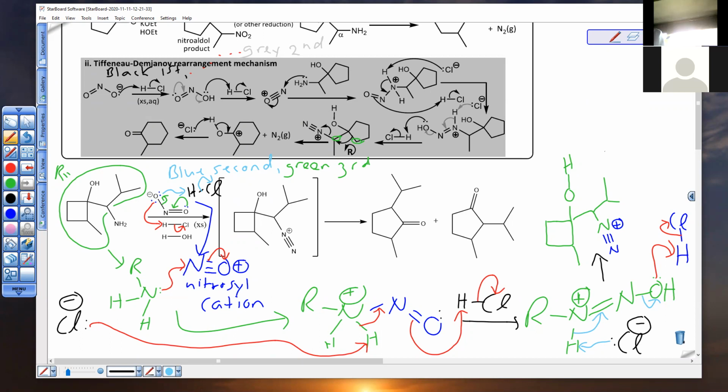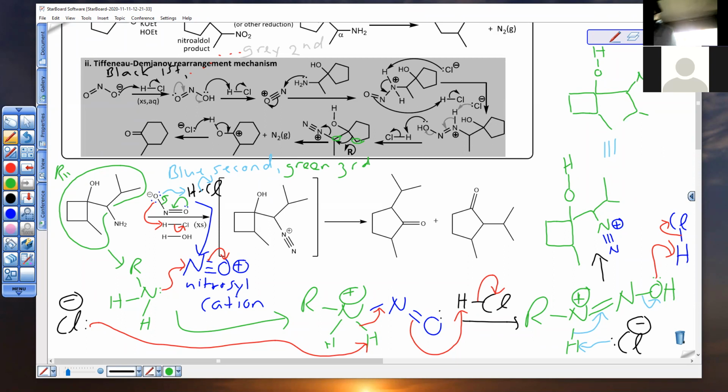And that is equivalent to, same as, this. Verify to yourself these are the same. I'm going to rotate the sigma bond here. You don't have to.